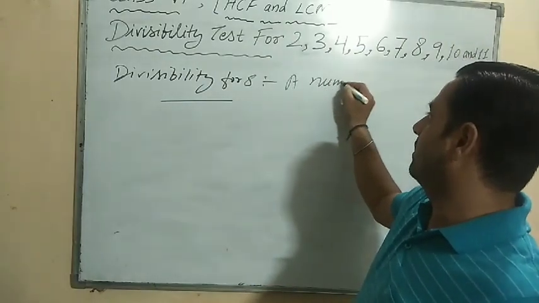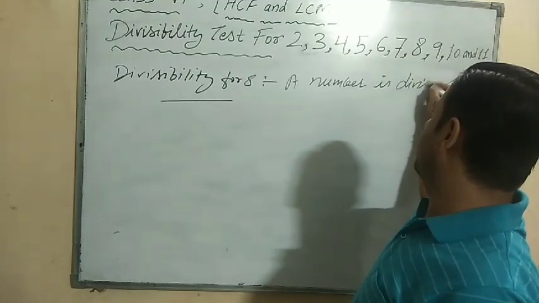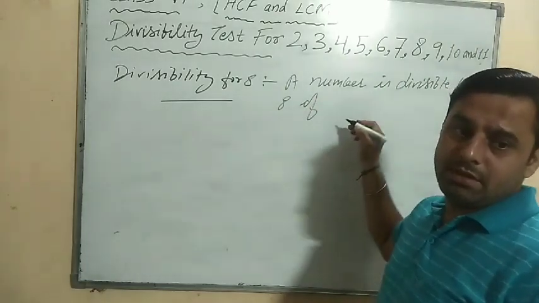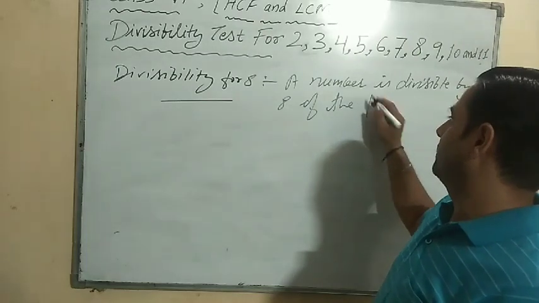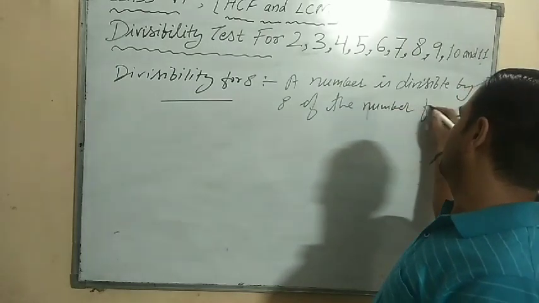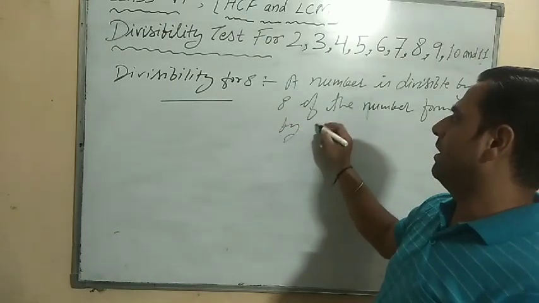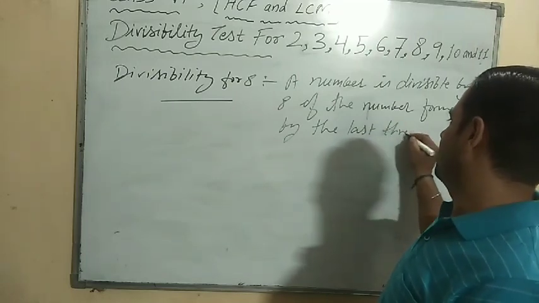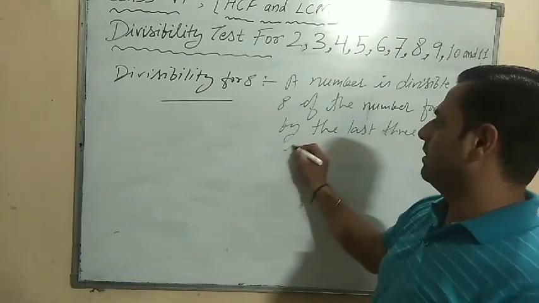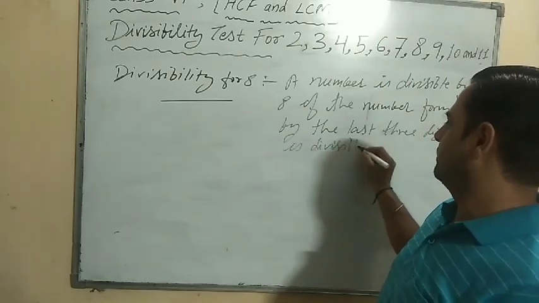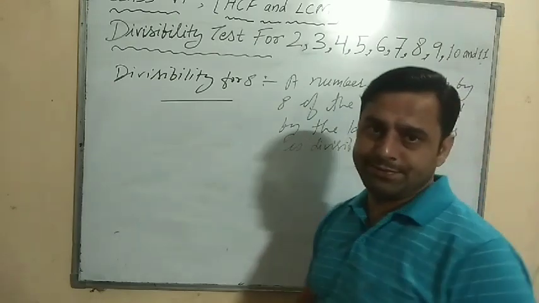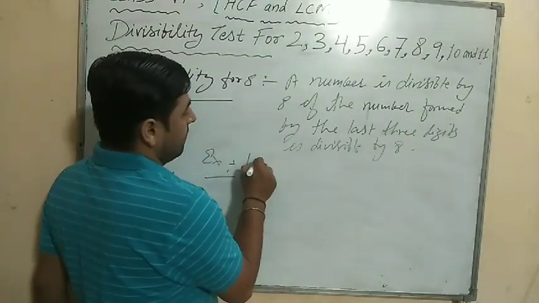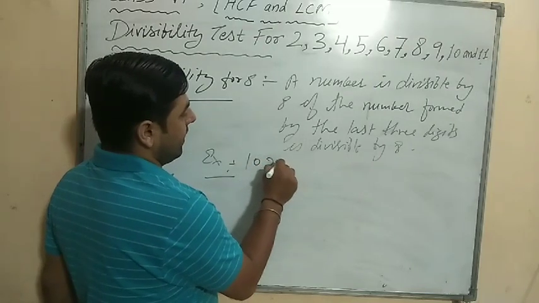So a number is divisible by 8 if the number formed by the last 3 digits is divisible by 8. Okay. Example, just like 10248.